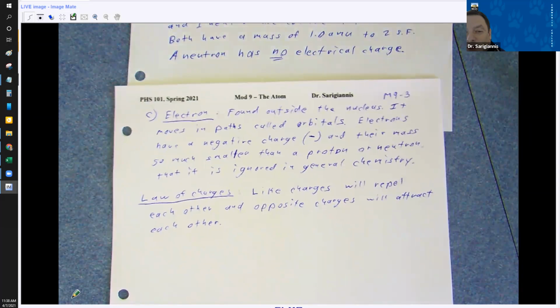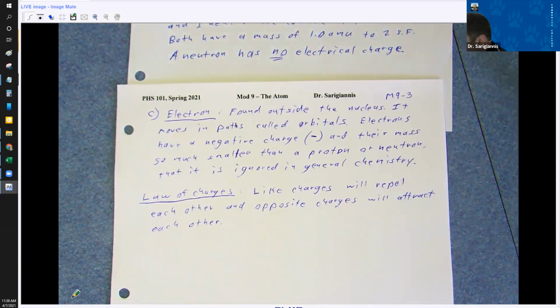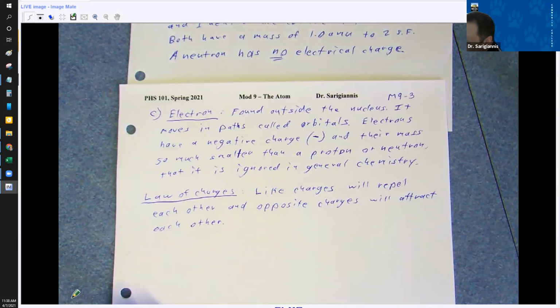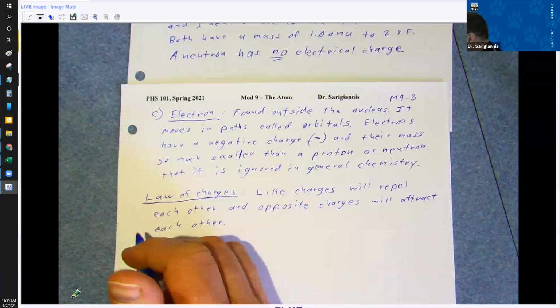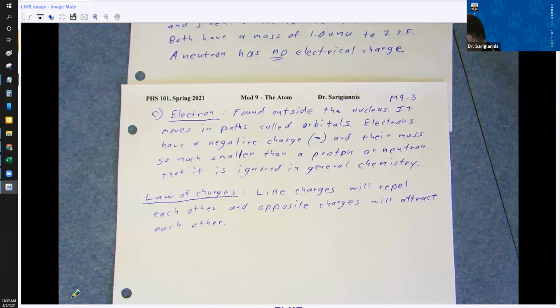So you may be thinking, well, how the heck do protons stay together? Well, maybe you don't know yet, but in the nucleus of an atom, there's usually more than one proton.